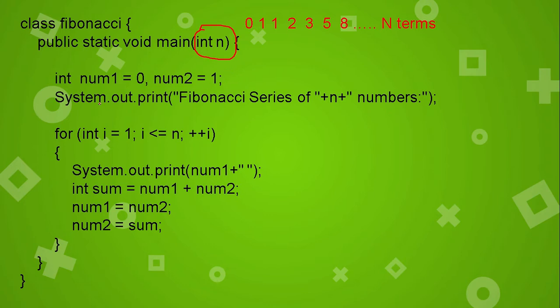Now I am printing a message over here. Fibonacci series of n numbers is only a message, system.out.print. We are going to print Fibonacci series, how many terms? N terms. So that will be printed here, simply a message.